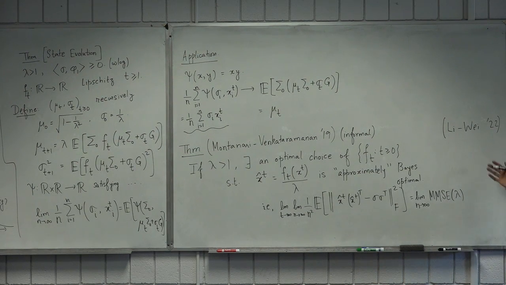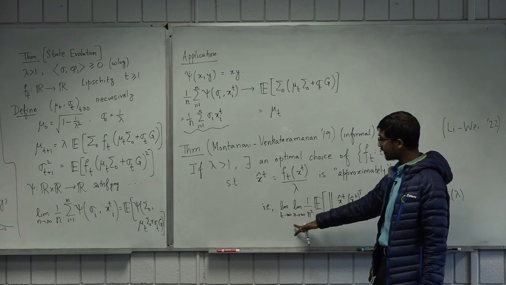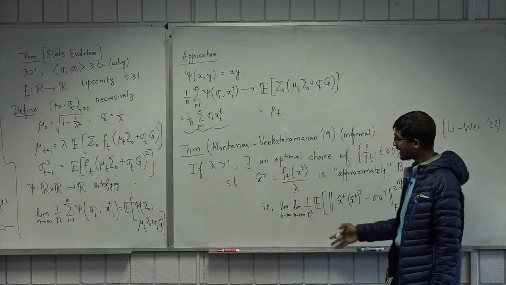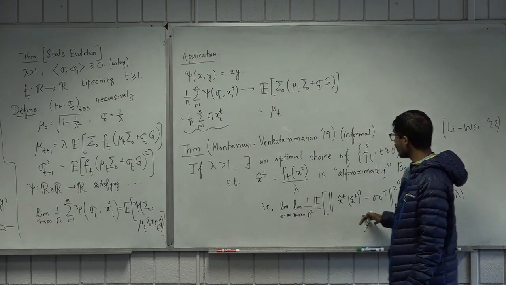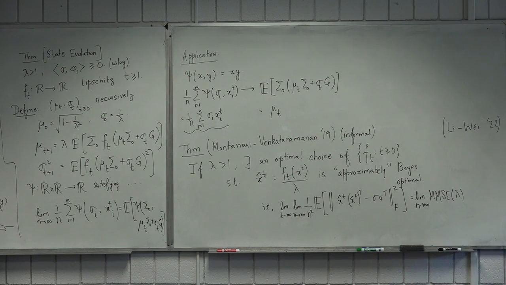So you don't really even care that you are running this algorithm for a fixed number of steps. You can make t grow with n and attain the Bayes optimal error. So yeah, things are nice. At least in this problem, you can choose your nonlinearities appropriately to get Bayes optimal error. And this is one class of algorithms that can be helpful in these problems.